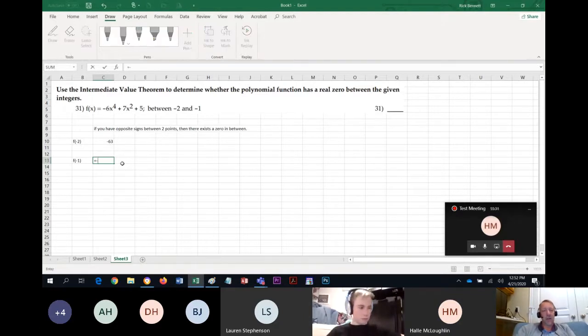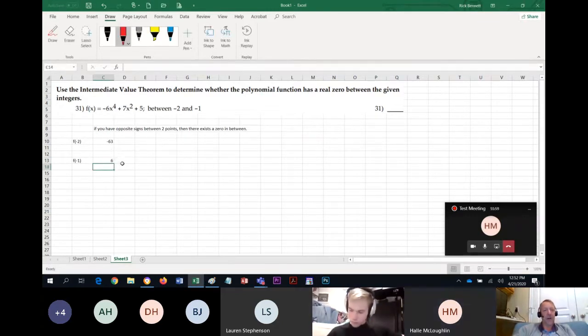So I'll do the same thing: negative 6 times negative 1 to the 4th power plus 7 times negative 1 squared plus 5, okay? All we're checking to see is, is this positive or negative?